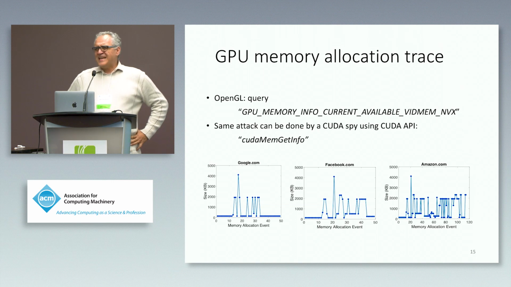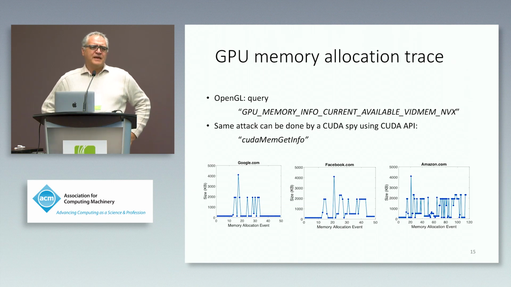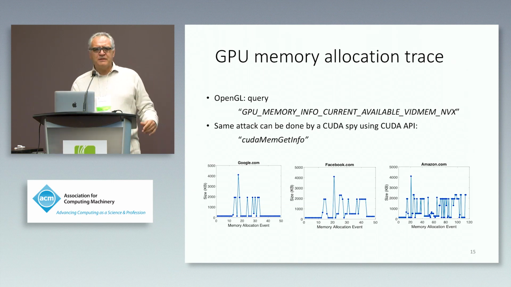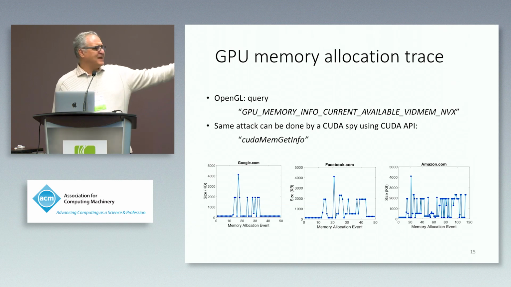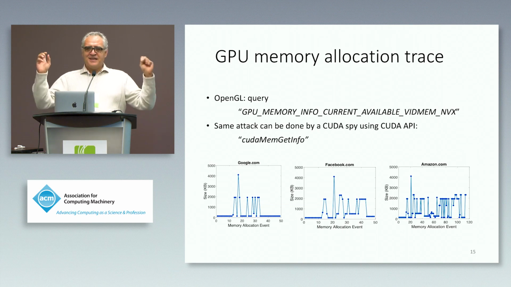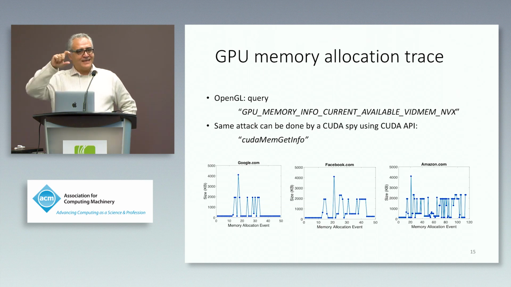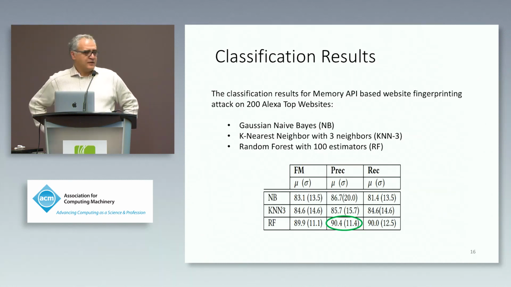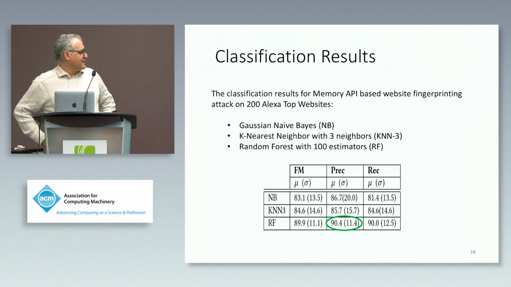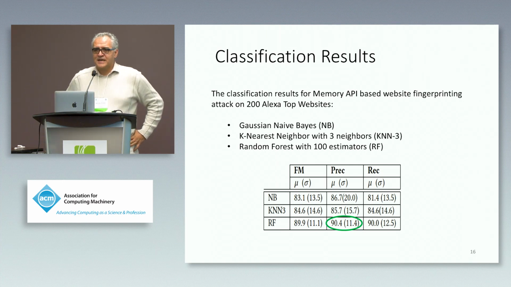We tried standard time series classification approaches like dynamic time warping, but eventually what we ended up doing is segmenting into 4 separate areas, and then computing things like average memory allocation, variance, kurtosis, and taking that as a feature, throwing it at some machine learning classifiers. The details are in the paper, and we get precision of something like 90% on the 200 top Alexa websites.